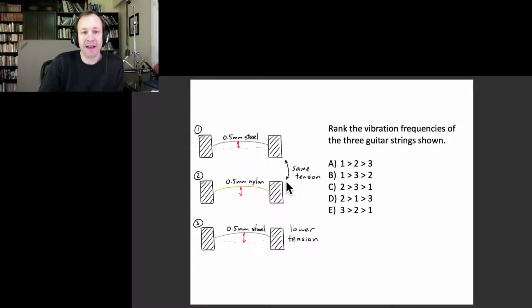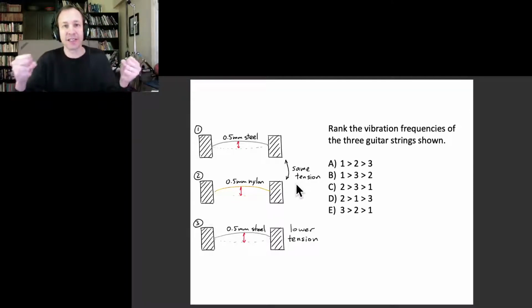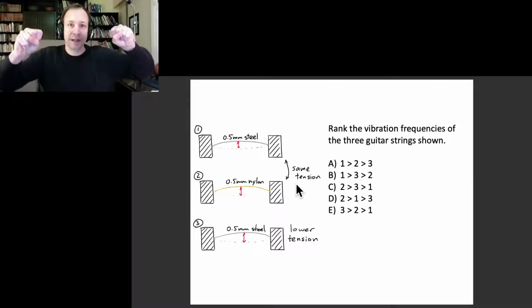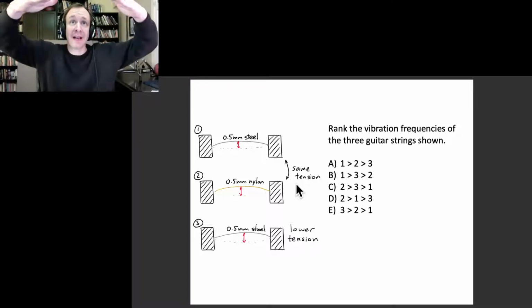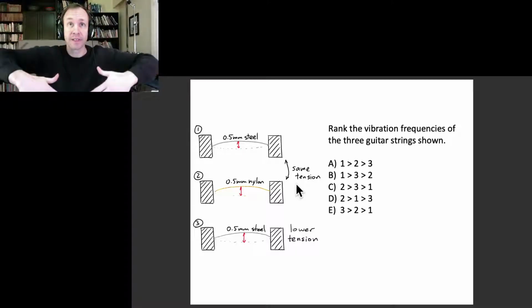And so what we have is the information that the tension in these two strings is the same. And the tension is something which kind of determines how much force is going to pull the string back if we displace it.